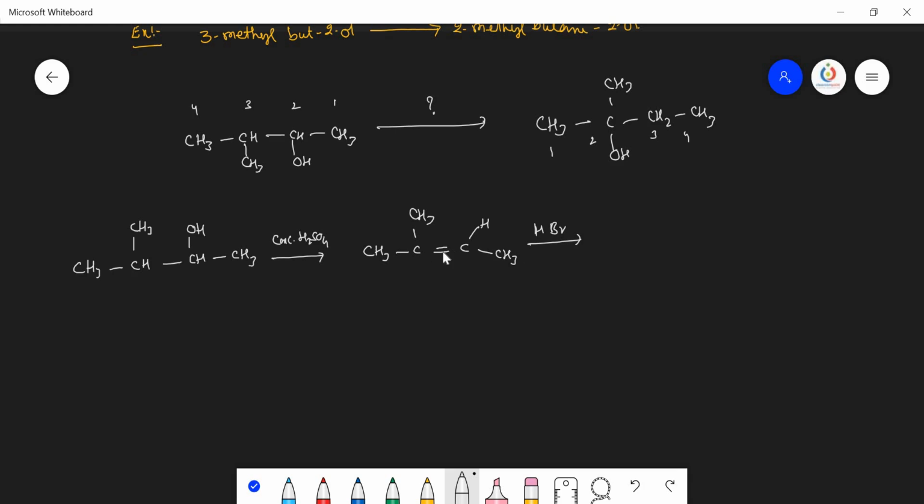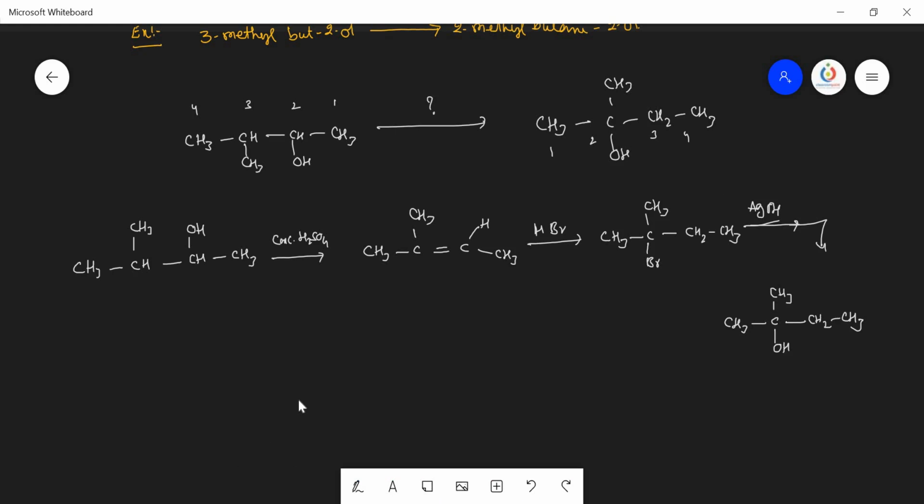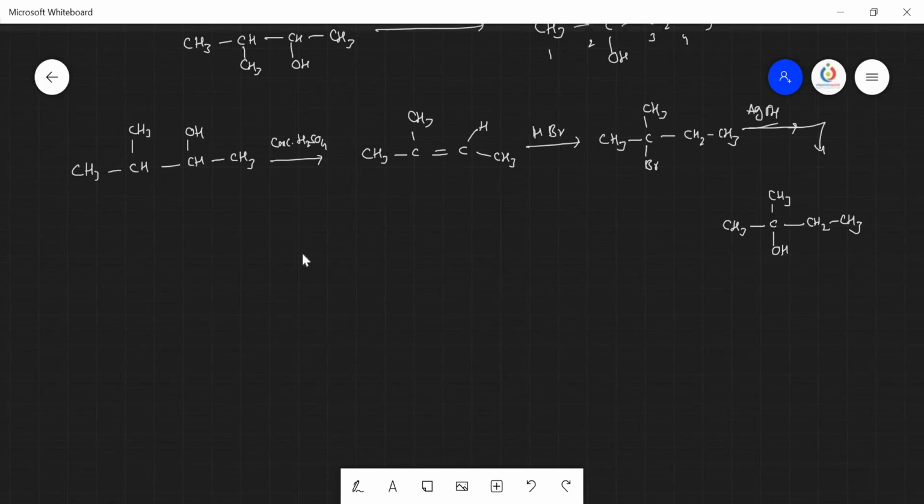So hydrogen here and bromine over here, because hydrogen goes to the double bond carbon with the greater number of hydrogens. Br, CH2, CH3. Then use AgOH, even aqueous KOH also. CH3C(CH3)OHCH2CH3. So like this we can convert some of the molecules.